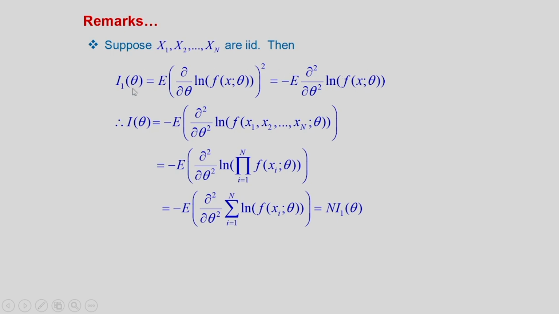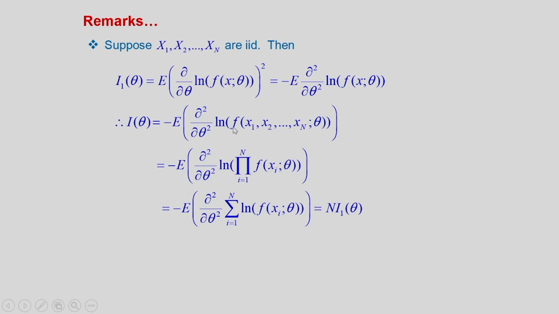So, that we have already established. Therefore, if there is only one variable, I1 theta, I can write like this. Now, I theta is, that is we have to take the del 2 del theta square of the log likelihood function of n random variables.